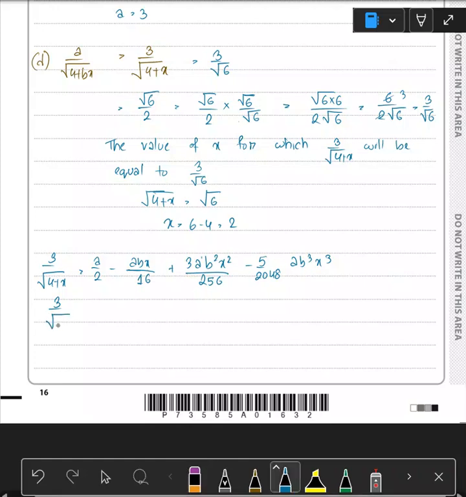So this is 3 by root 6 equals 3 by 2 minus 3, b is just 1, so we can ignore it, and x is just 2 here, divided by 16, plus 3 multiplied by 1 square multiplied by 2 square divided by 256, minus 5 by 2048 multiplied by 3 multiplied by 1 cube multiplied by 2 cube.